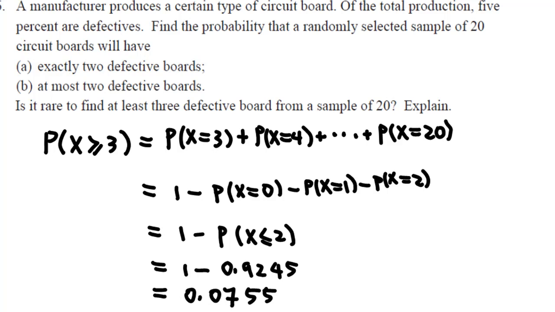Now this 0.0755 is more than 0.05. So we conclude that it is not rare to find at least 3 defective boards from a sample of 20. Alright, we say that this is not a rare event.